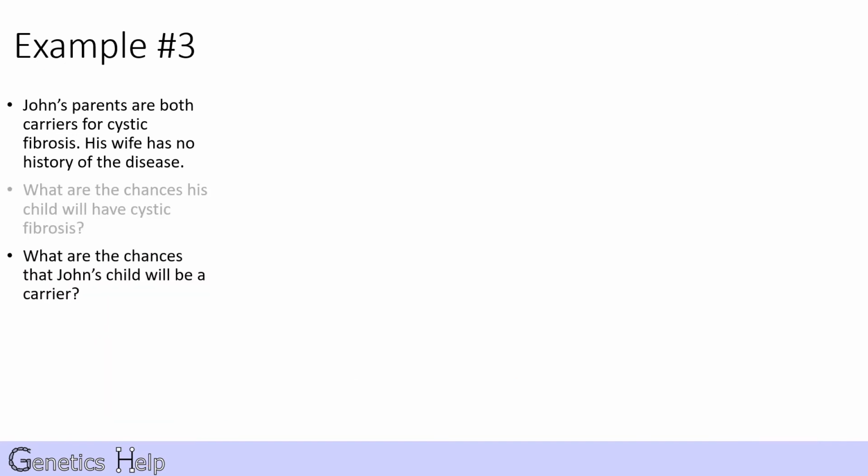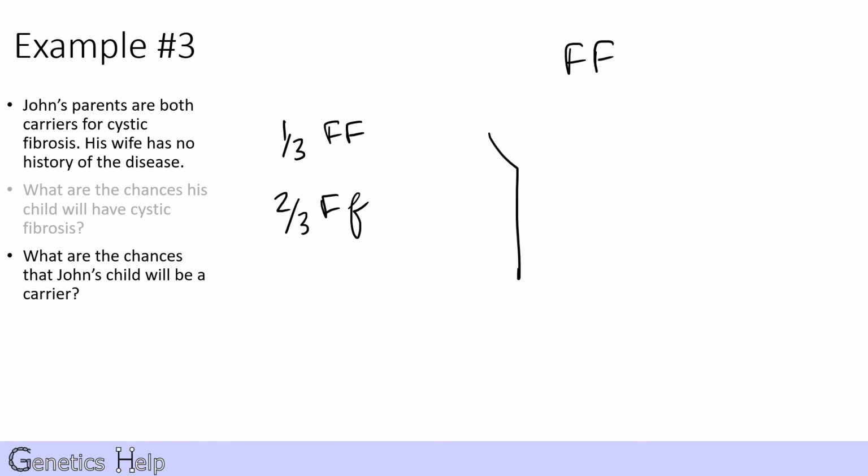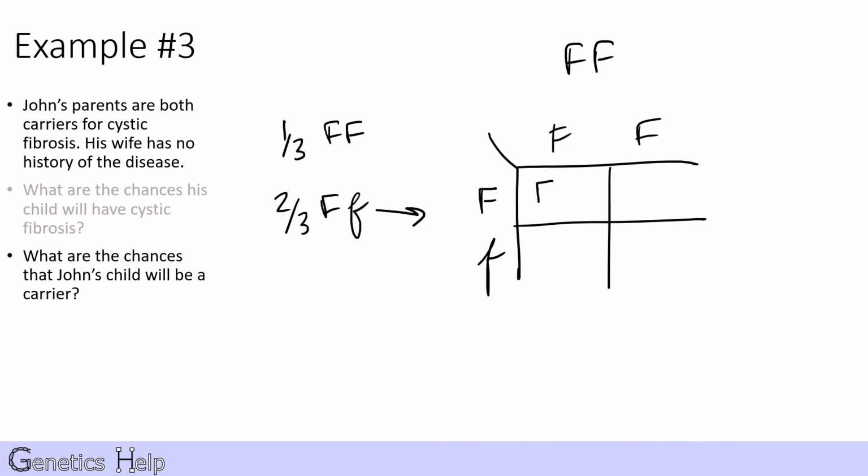The next question is, what are the chances that John's child will be a carrier? Well, if we look at the same situation that we were looking at earlier, we had a 1/3 chance John was big F, 2/3 chance John was big F, little f, and I'm just going to draw out that Punnett square again. If he was a carrier, then that means that half of his children will be a carrier as well.